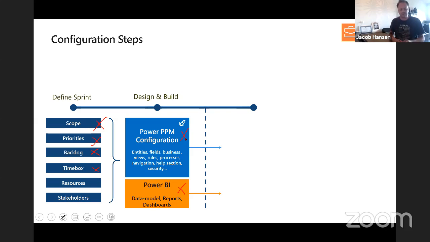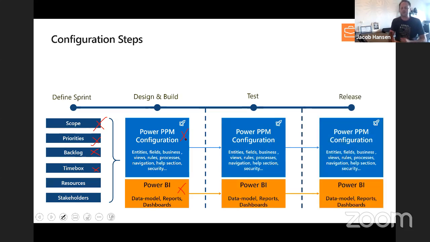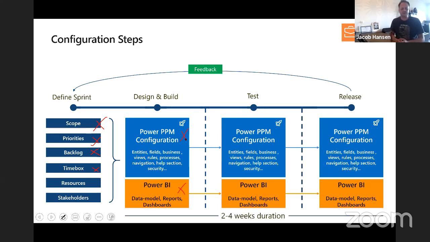That could be new fields or another stage gate model, colors in a Power BI report, new columns and new graphs. And then once it has been designed and built, we move it into test. You will test it, and then we release it to production. Typically, this could take 2 to 3 weeks of duration, and then you are all good to go with your first implementation of Power PPM and Team Planner. It does not need to take longer now.